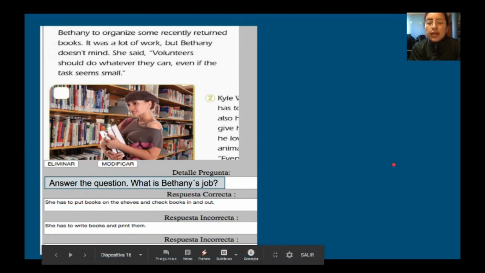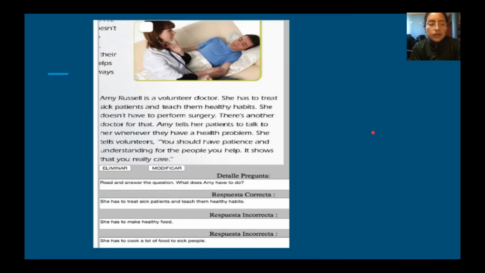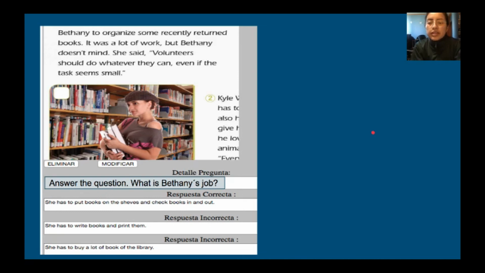Okay, and number 3. Oh, sorry. Number 3, read. She has to buy a lot of books for the library. Okay, what is the correct answer? The reading says she has to put books on the shelves, and check books in and out. Excellent.